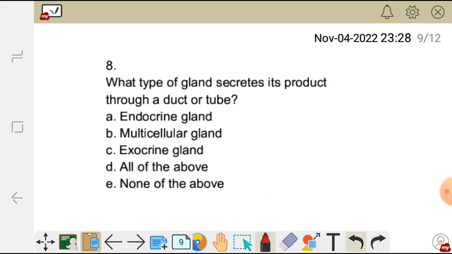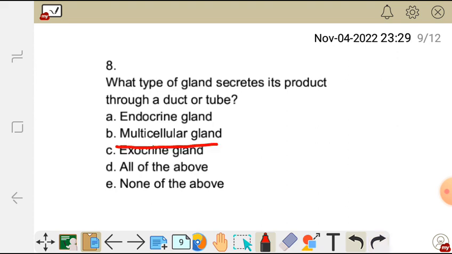Question 8. What type of gland secretes its product through a duct or tube? A, endocrine gland; B, multicellular gland; C, exocrine gland; D, all of the above; E, none of the above. The endocrine gland is ductless. It doesn't secrete its products through a duct, but into the bloodstream.